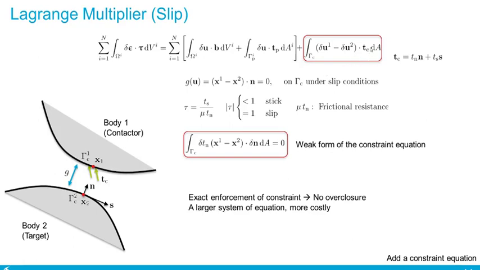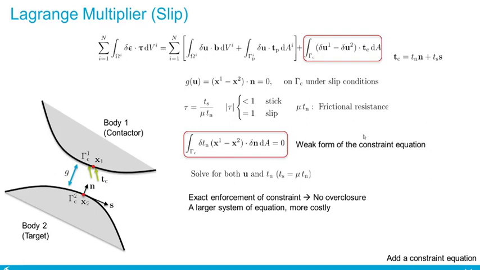Here you have the contribution from both normal and tangential directions, and here you are only enforcing the normal direction. So in terms of forms, they are not symmetric. And the eventual consequence of this is that you do not have a symmetric stiffness matrix.